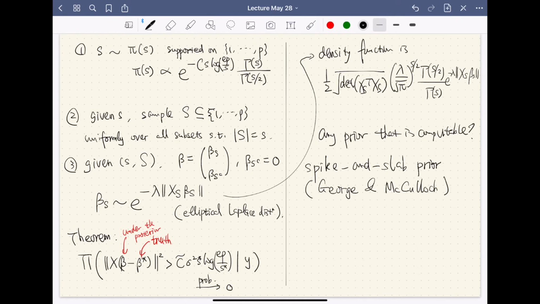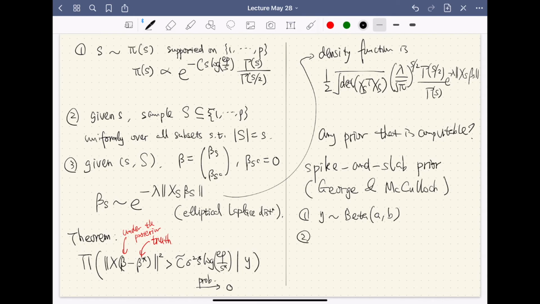Okay, so what is a spike and slab prior? Well, the prior can also be described as a sampling process that consists of 3 steps. In the first step, you sample eta from a beta distribution, Beta(A, B). These A and B are fixed, so they will be given before you apply this algorithm.